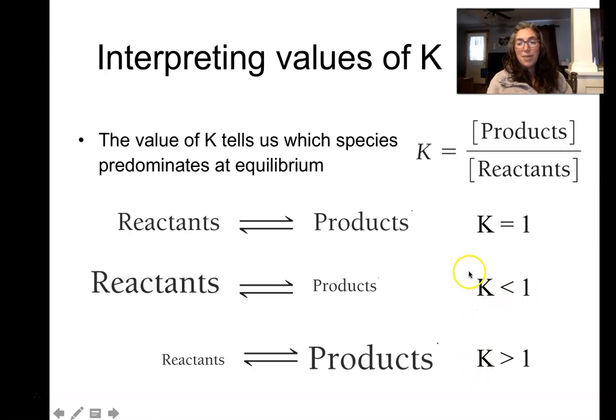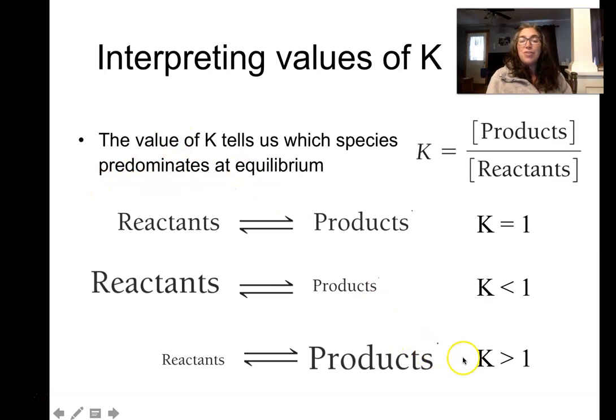If it's less than 1, it's because the denominator is larger than the numerator, meaning that there are more reactants at equilibrium than there are products. So a K of less than 1 means that reactants predominate at equilibrium.